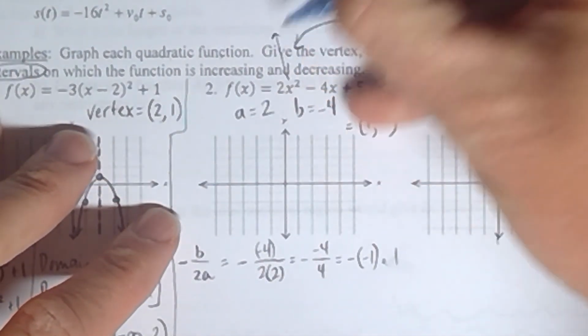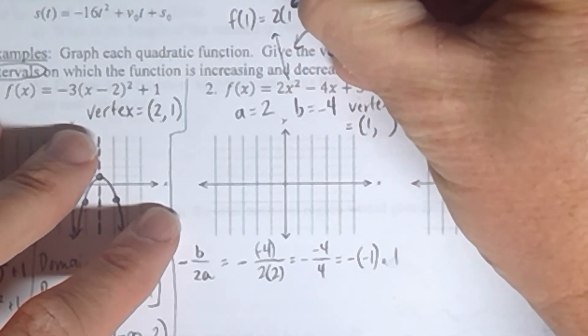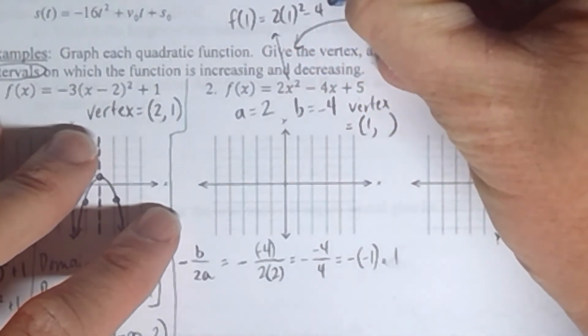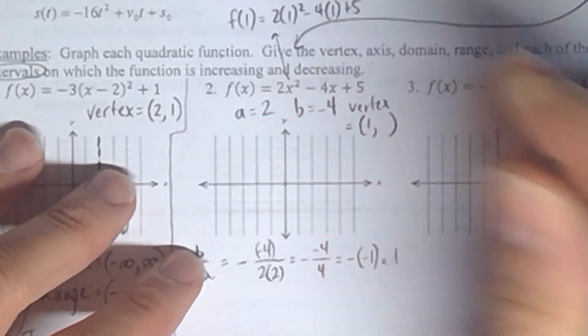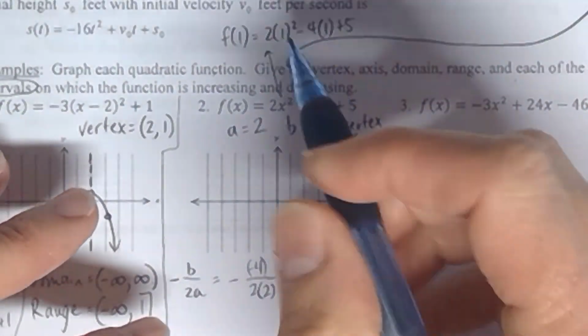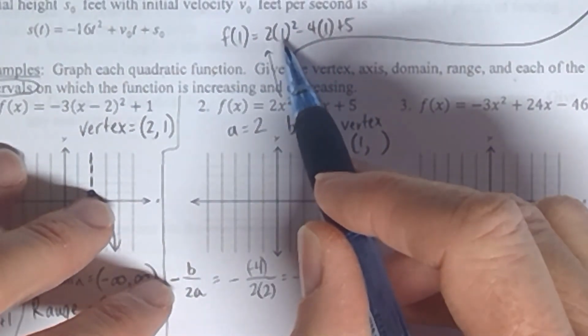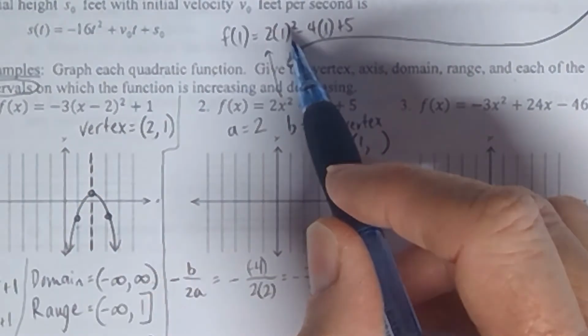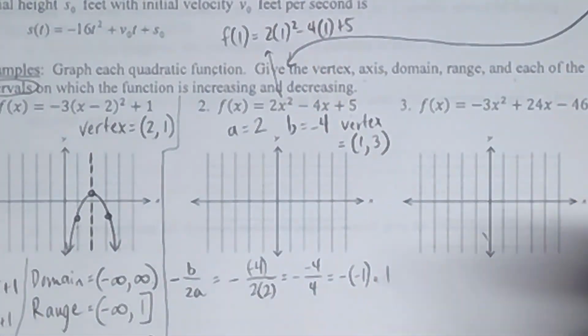Let me just write it down up here and give myself some room. f of 1 is equal to 2 times 1 squared minus 4 times 1 plus 5. If I do the normal order of operations here, I won't show the work this time. We've done this kind of thing many times before, so I'll let you do that on your own. But that ends up being equal to 3.